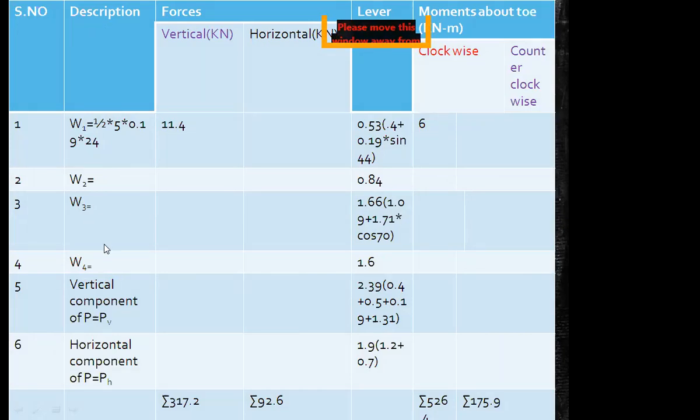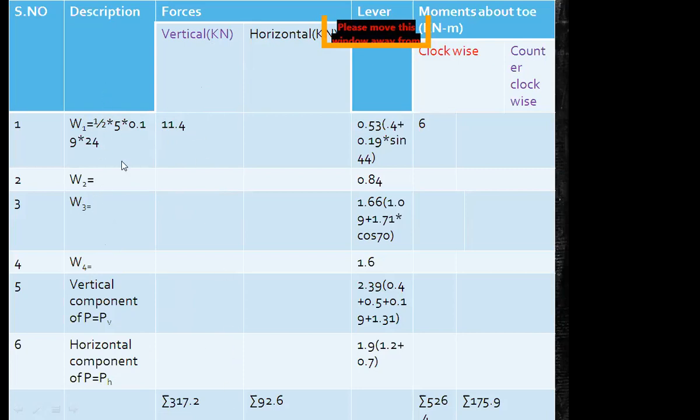W1, W2, W3, W4 like this. And the vertical component we calculated, horizontal component we calculated, so that needs to be mentioned here. And forces, whatever answer we get here, after calculating weight, we need to mention it here.